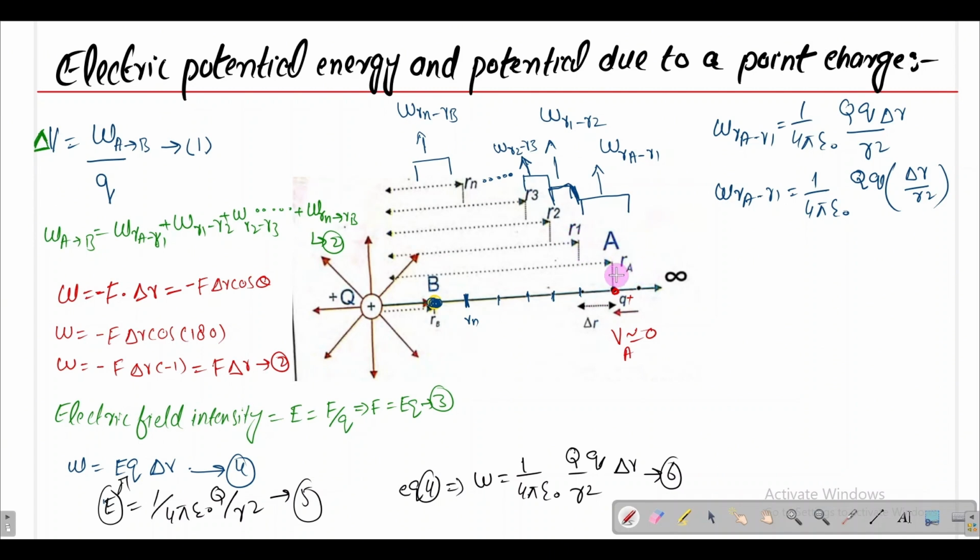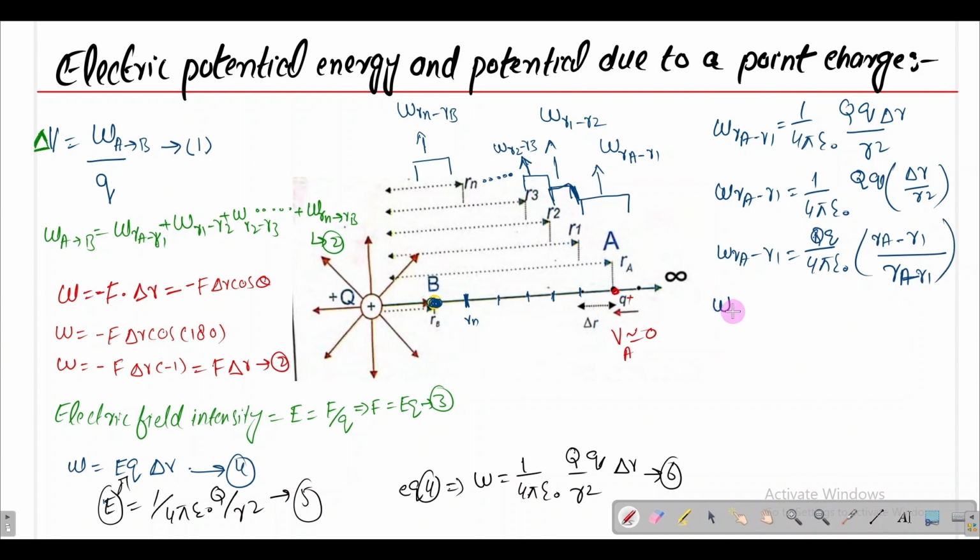This is the first step. So work done from RA to R1 is equal to 1 by 4 pi epsilon naught Q Q, and instead of del R we can write RA minus R1, divided by R square, and R square is actually the multiplication of R and R. So in this case we can write RA R1.